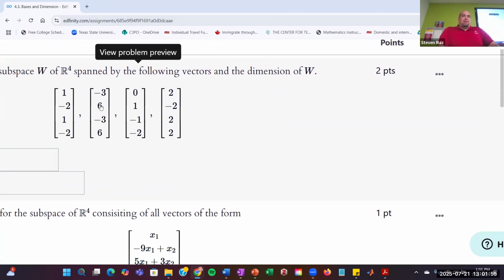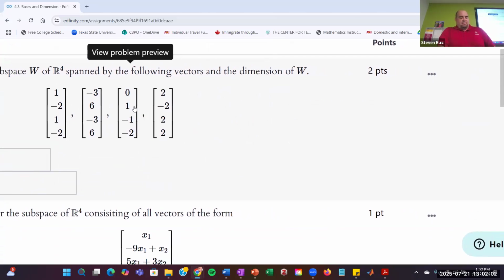Let's not go through this by hand, but can someone reduce this for me? Who's got a calculator who could do it quickly? Or who wants to fire up Desmos?